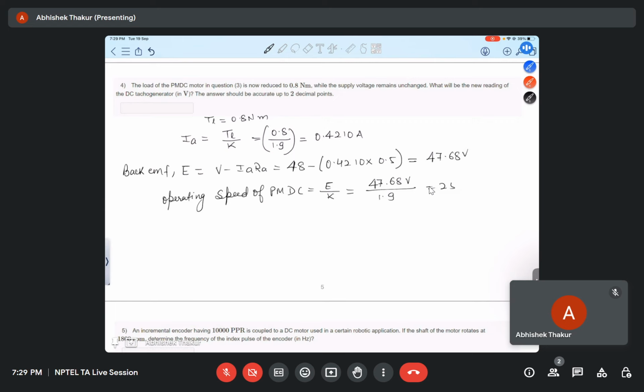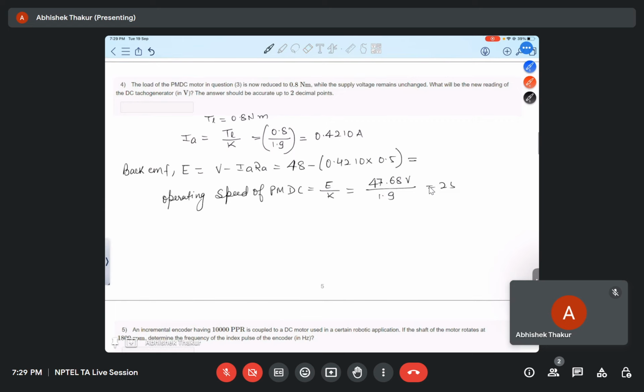After calculation we will get 47.7894, so this gives us 25.15 radian per second.